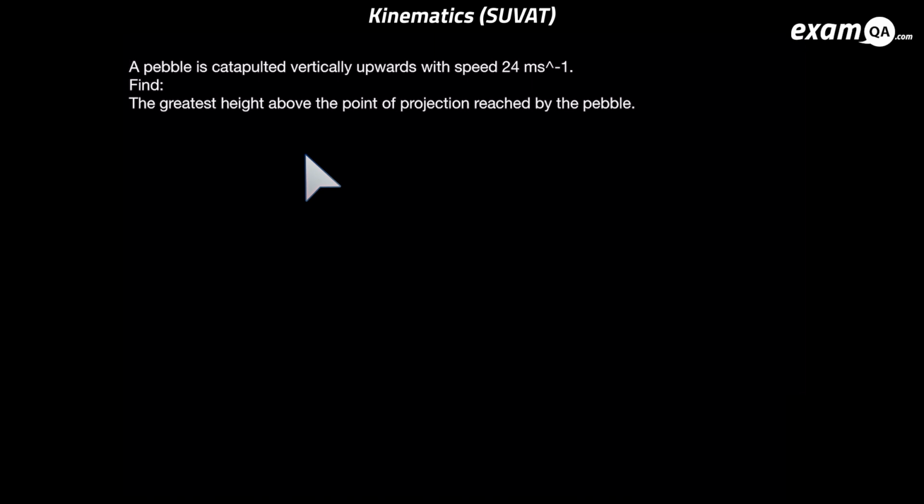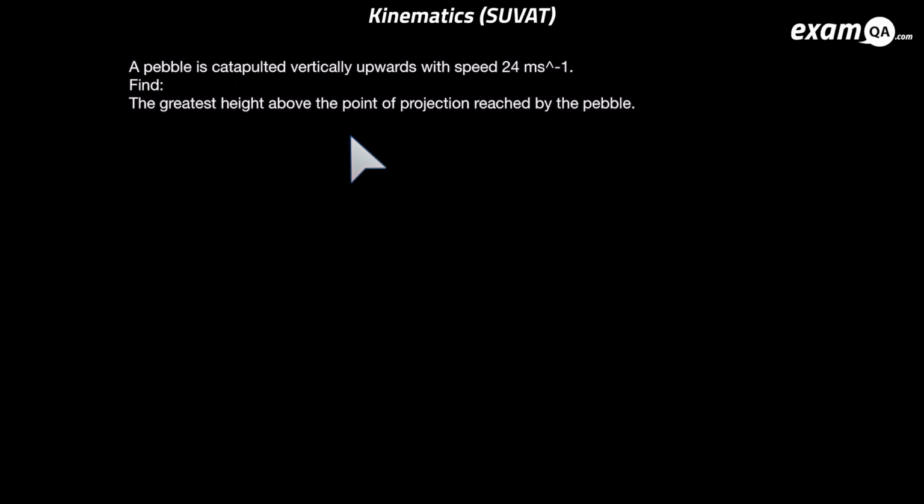So at first glance, it looks like this question only tells us one piece of information. The initial speed, U, as 24. However, from the scenario, we should know a few more pieces of information. Now, I mentioned earlier, if something is thrown and it's moving under gravity, the acceleration is 9.8.